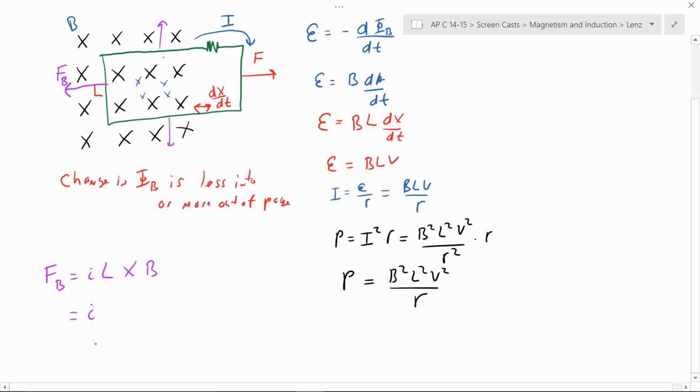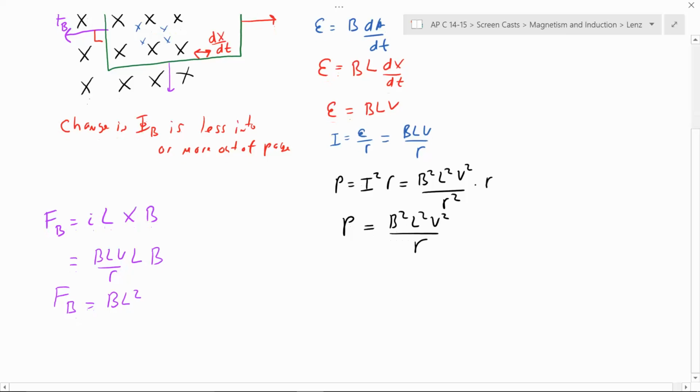This is I, and the I we have seen just a second ago is BLV over R, times L from the L cross B, times B, and you're left with a magnetic force equal to B squared L squared V over R.